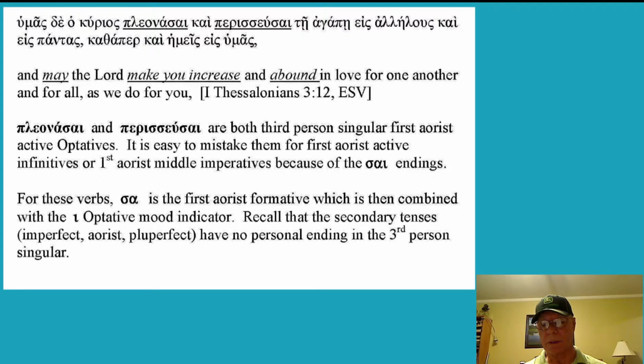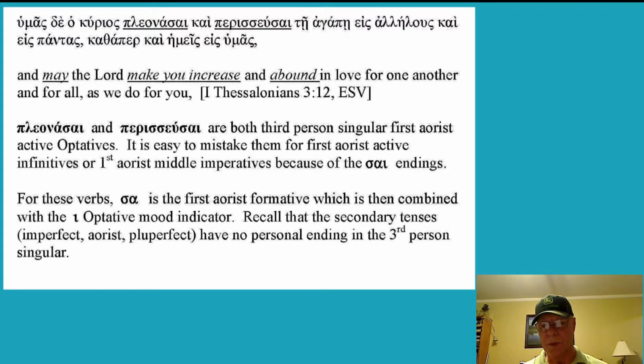Consider 1 Thessalonians 3:12. Humas de ho kyrios pleonasai kai perisseusai tē agapē eis allēlous kai eis pantas kathaper kai hēmeis eis humas. And may the Lord make you increase and abound in love for one another and for all, as we do for you.